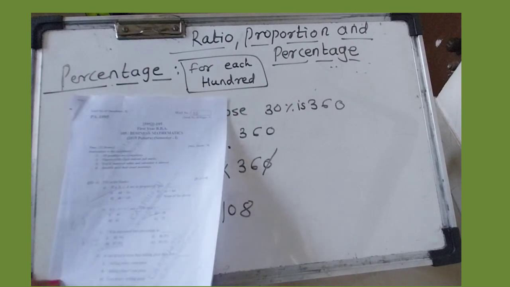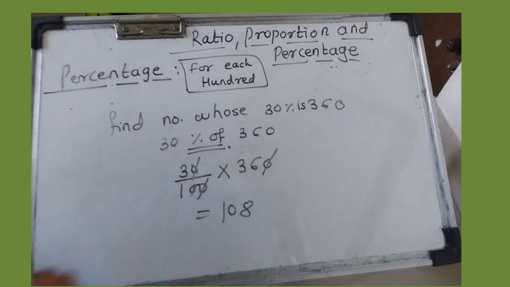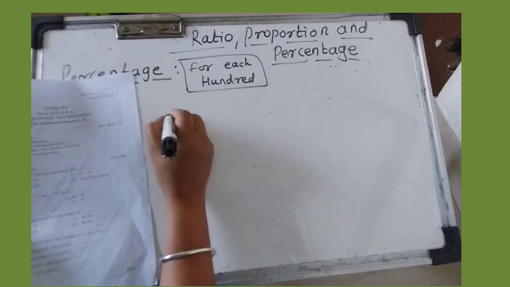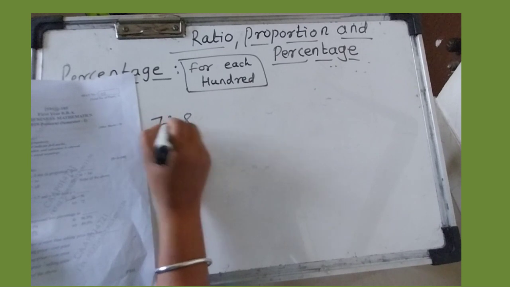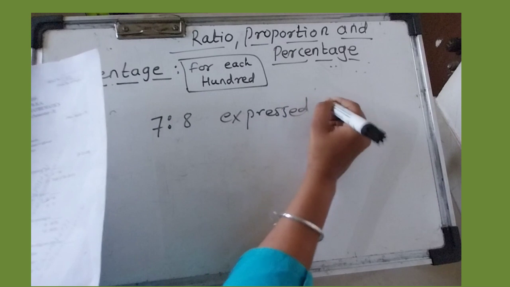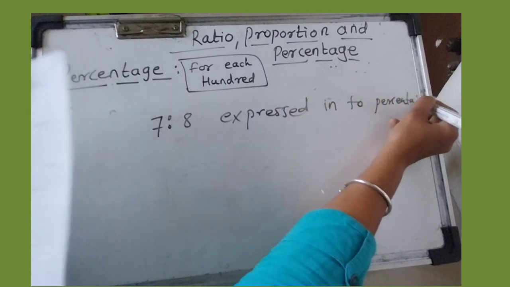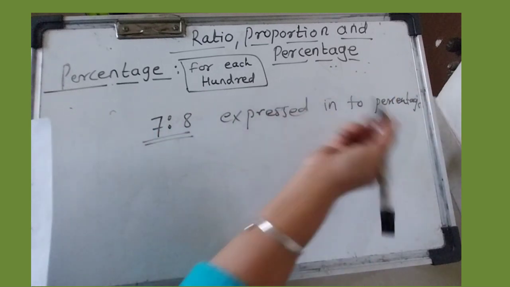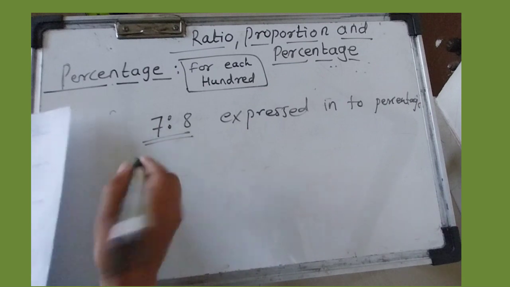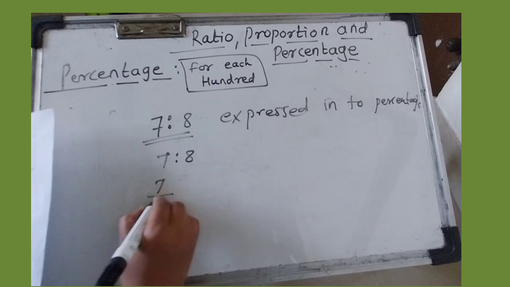In the second question paper, for 2 marks, they ask: express 7:8 as a percentage. Fraction into percentage, rule number 3. So what we write here? 7:8 means what? 7 upon 8.